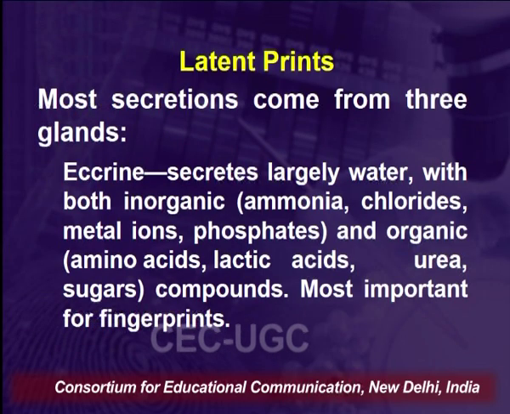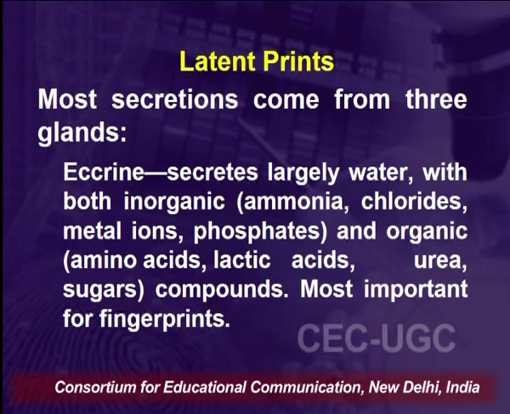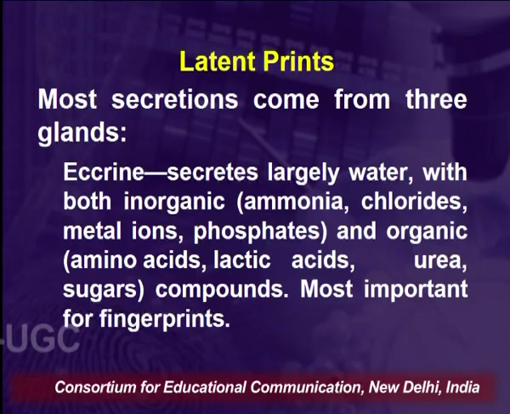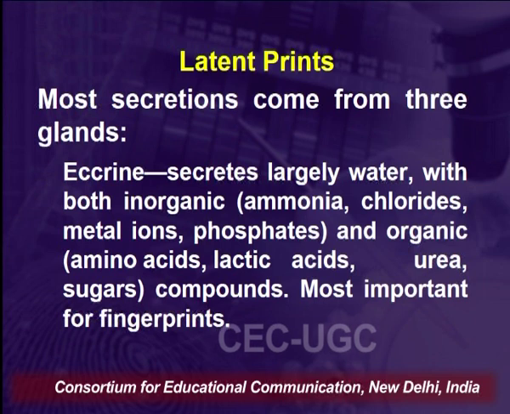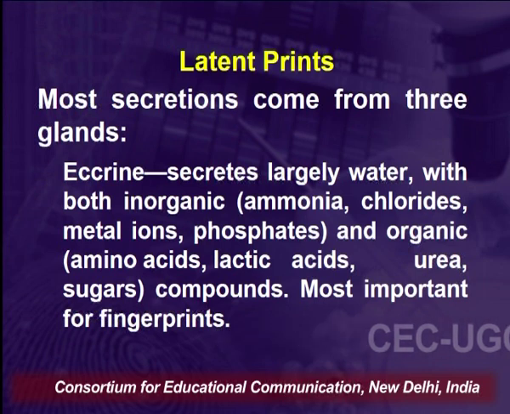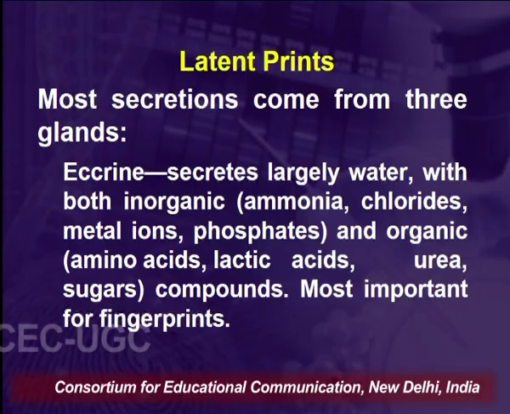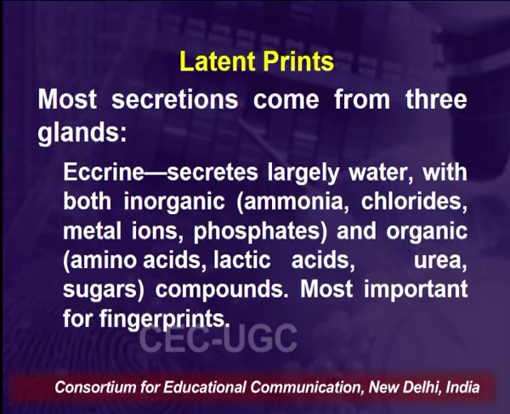The secretions usually come from 3 glands: eccrine, which secretes largely water, both inorganic components and organic components. These are most important for fingerprints. The organic components present in the fingerprints are the amino acids and the lactic acids. These amino acids can be present for various years.